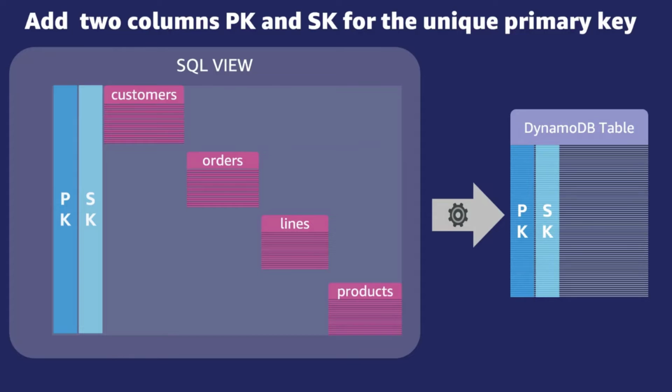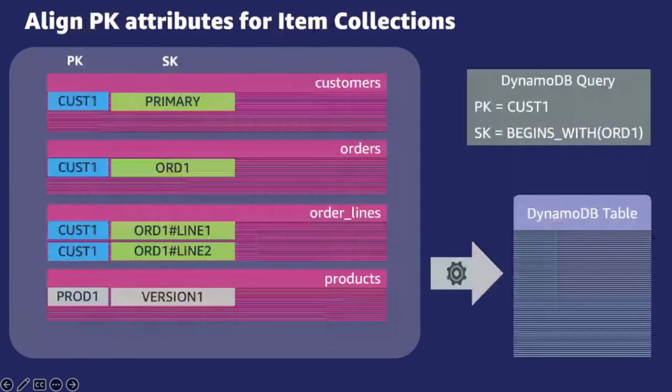For the queries that you're running, does the result set need to be ordered by anything in particular? Does it need to be ordered by the date that an order happened, or the date that an order was last updated, or something like that, a sortable attribute? Then that's going to inform your sort key choice.